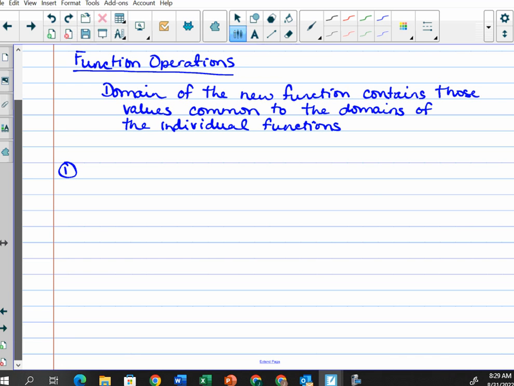All right, so I'm going to give you a couple of functions and we'll do a bunch of stuff with them. So first, f of x is equal to x over x minus 1. G of x is equal to x squared minus 1.